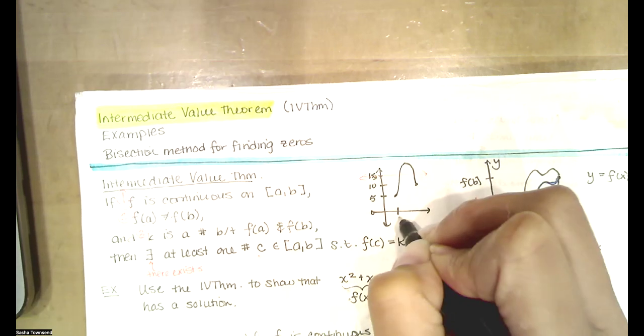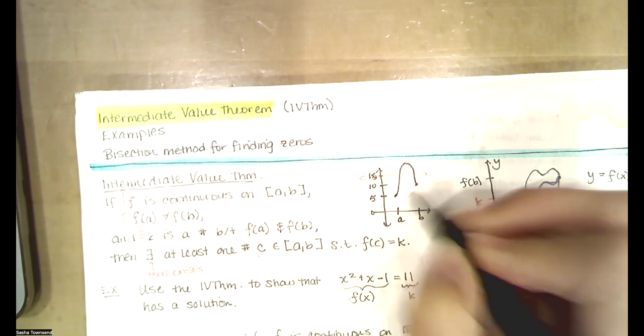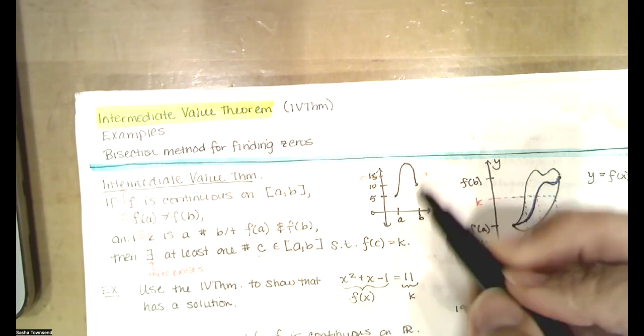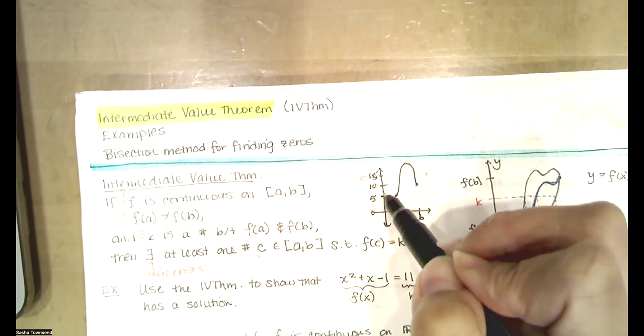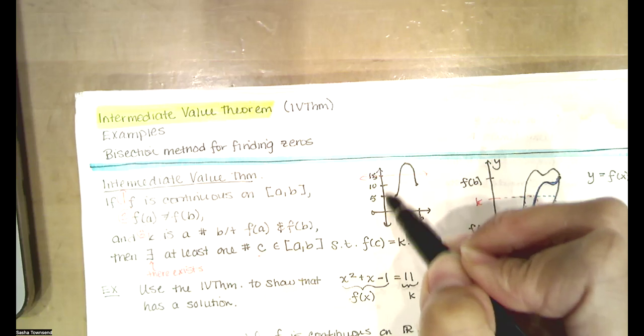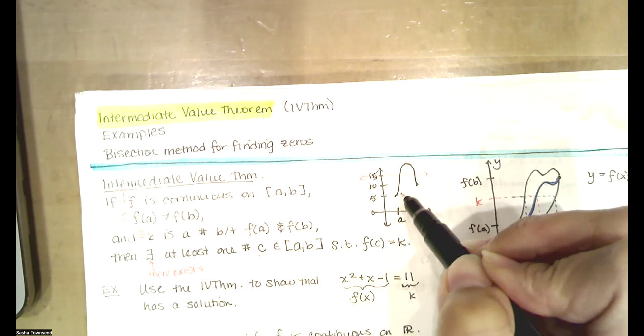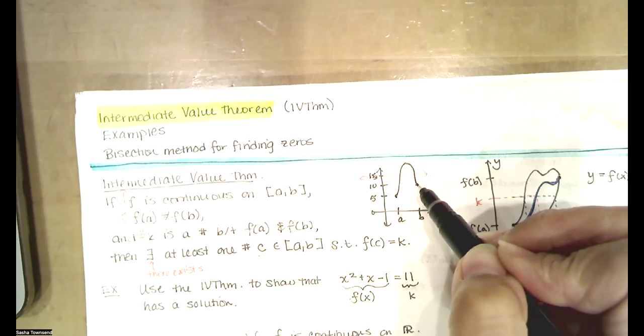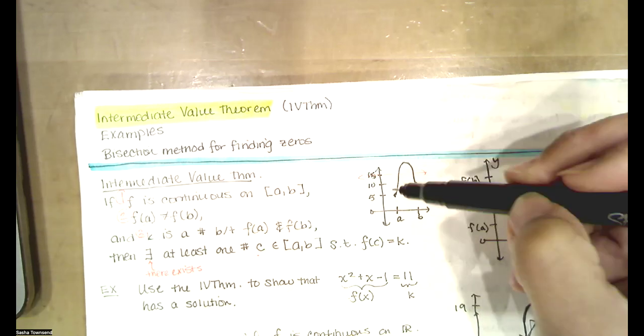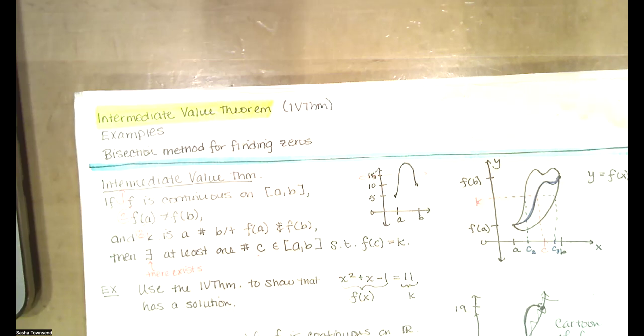I'm just going to call that A and that B. The theorem just tells us that we're guaranteed to have all of the y values between 5 and 10 on our graph because the function's continuous and we start here at y equals 5 and we end here at y equals 10. But anything outside of that interval is not guaranteed by the theorem.